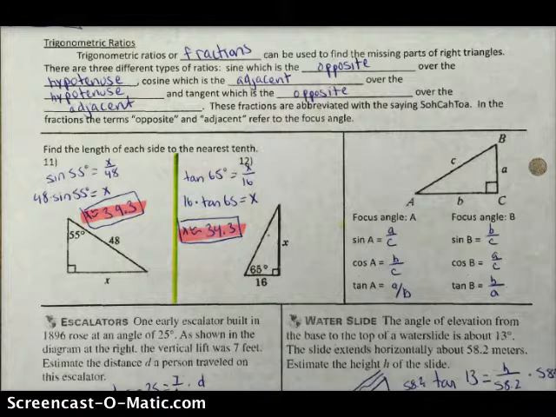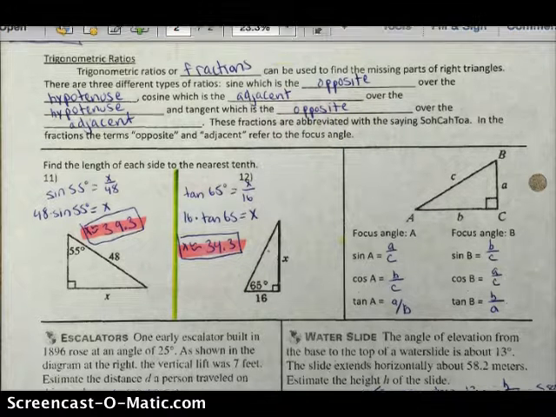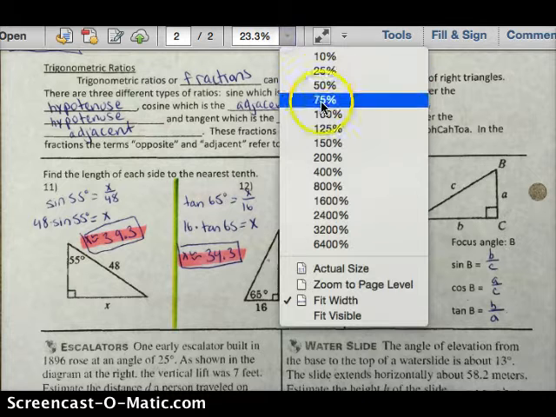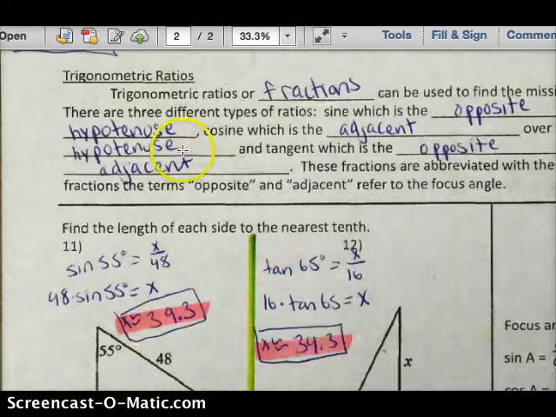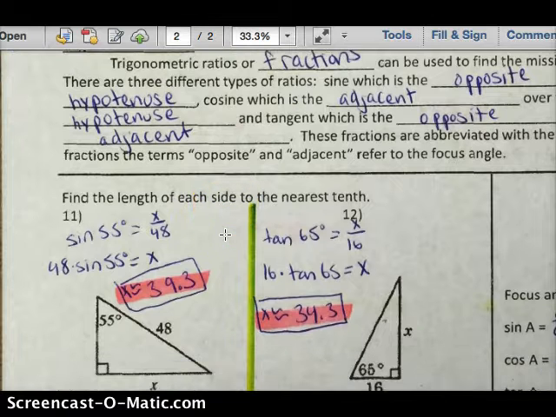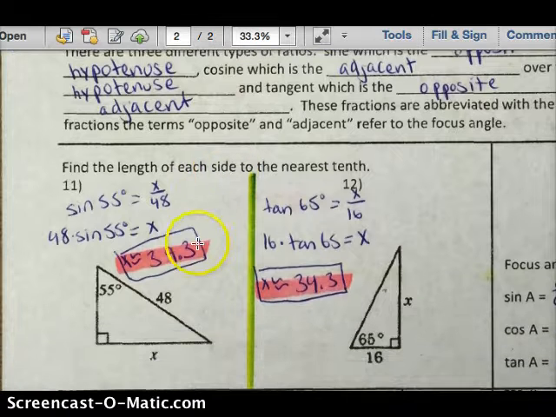Number 11. Let's see if I can zoom in. In number 11, I have a triangle with 55 degrees. This should be your starting point.